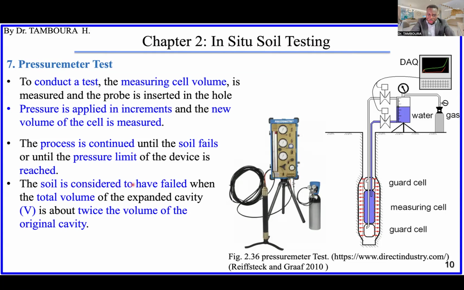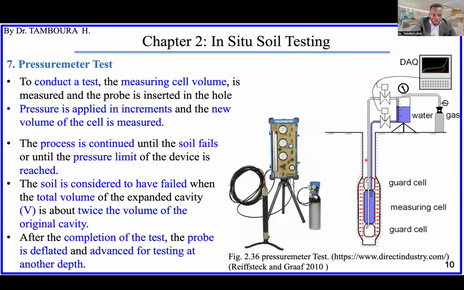The soil is assumed to have failed when the total volume of the expanded cavity is about twice the volume of the original cavity. If you see the original cavity, the volume is like this. So if you have twice this volume, you can consider that the soil has failed, because there is no visible phenomenon that shows you directly that the failure has happened.